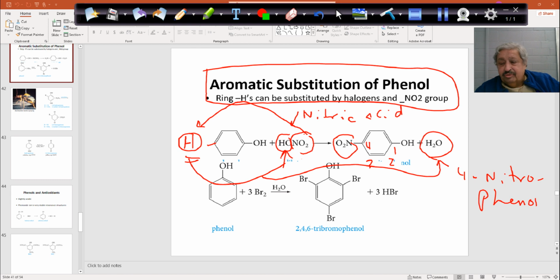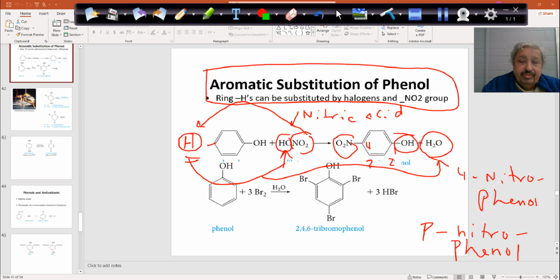The position is 1, 4, so we call this para. You'll see the name para-nitrophenol, meaning the phenol is group number 1, and the nitro will come as number 4.